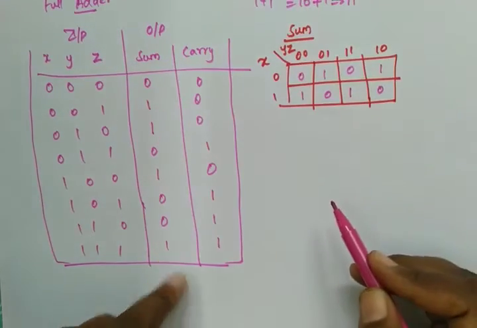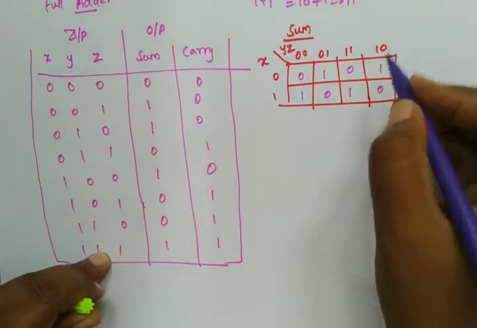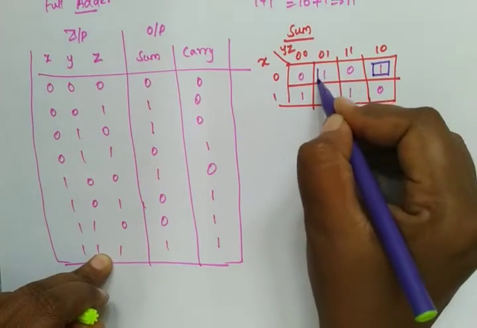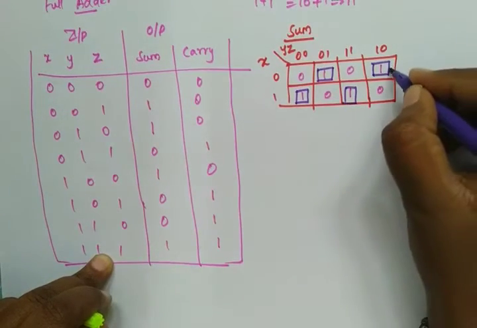Now here we cannot group anywhere, because every 1 is left alone. So here we have 1, 1, 1, 1, 1, 1, and 1, 1. Now what is the answer for this?